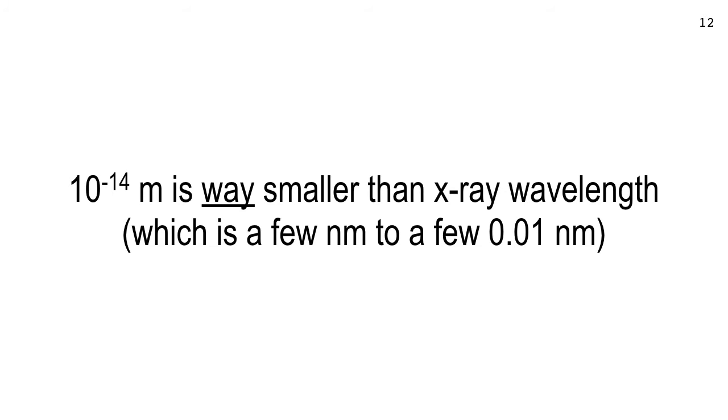Visible is from 400 to 700 nanometers. And ultraviolet is from about 400 down to a few nanometers. And then a few nanometers down to 0.01 nanometers for X-ray. And infrared is above 700. And radio wavelength above 700 nanometers.